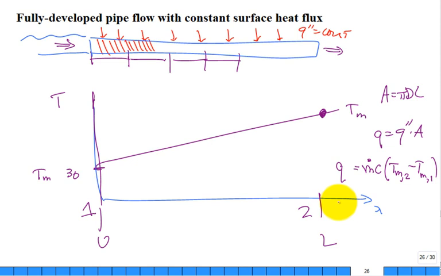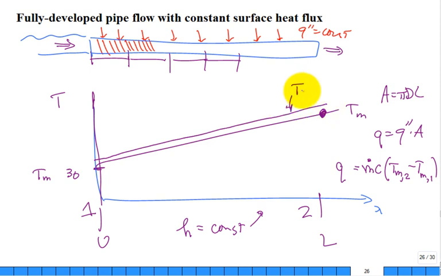Okay, what about the wall temperature? Well, if it's fully developed, h is going to be a constant. The convection coefficient's a constant. If the convection coefficient is very large, then the wall temperature is close to the mean temperature. It's going to be a little higher, but it's going to be close. If h is low, then it's going to be a greater temperature difference.